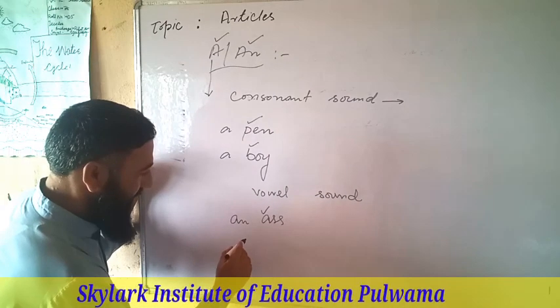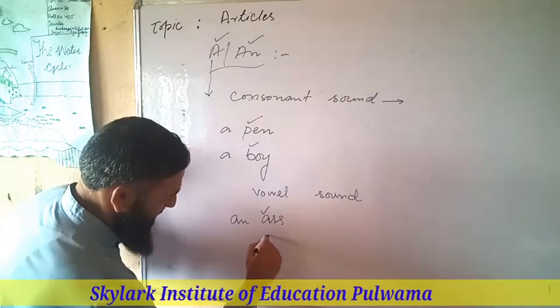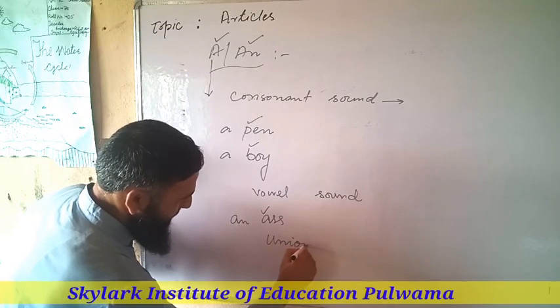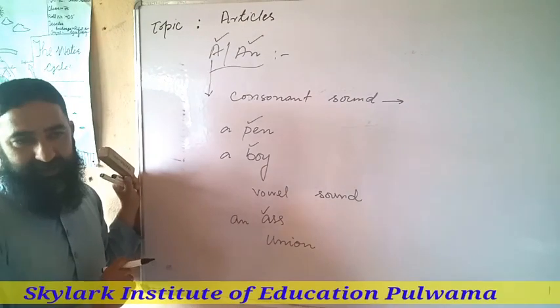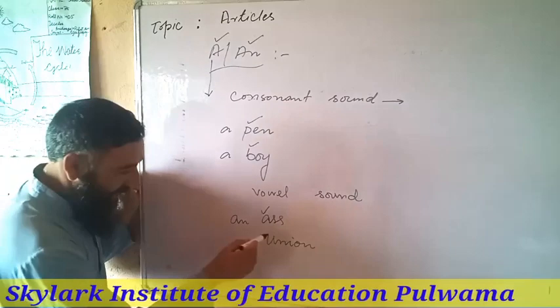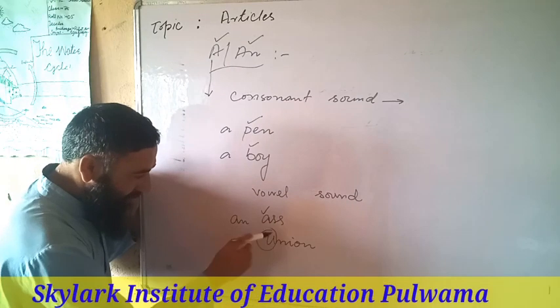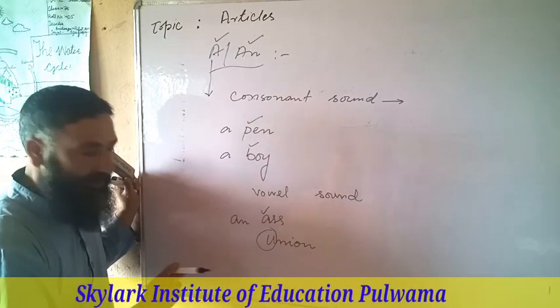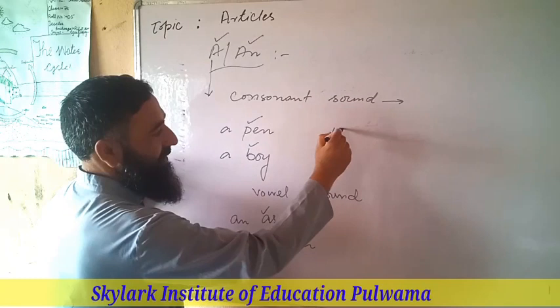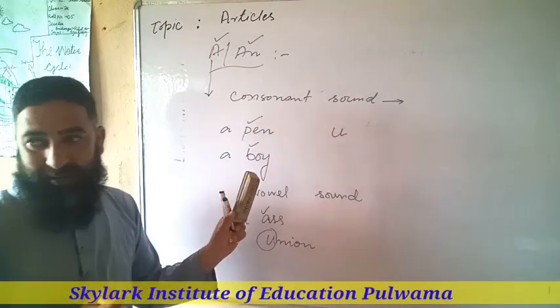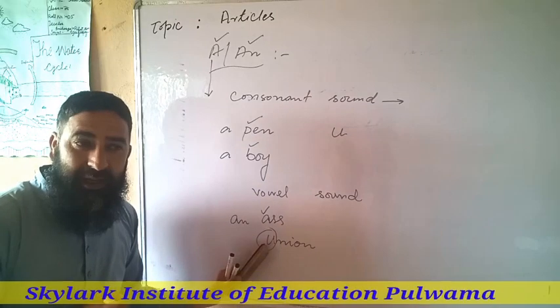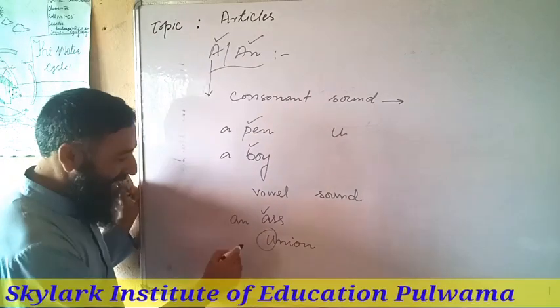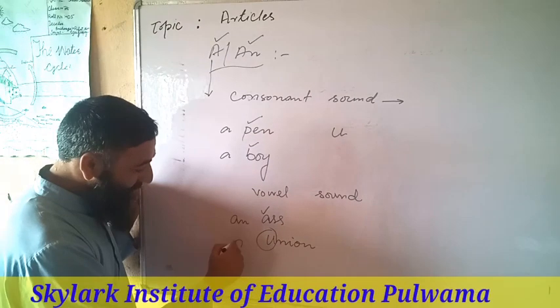Okay. Then sometimes there are some confusing words. This is union. Apparently, this word begins with u. This is indeed a vowel letter, but it produces a consonant sound. So we write a union.